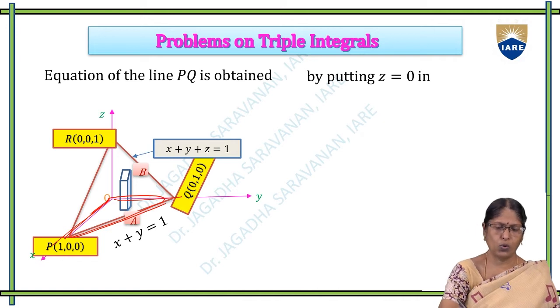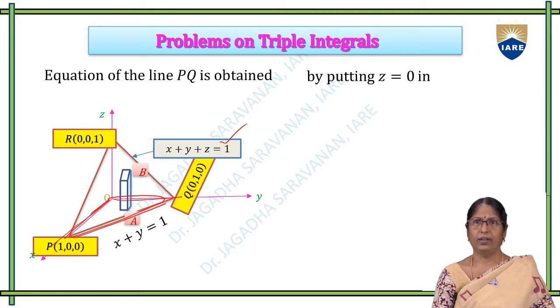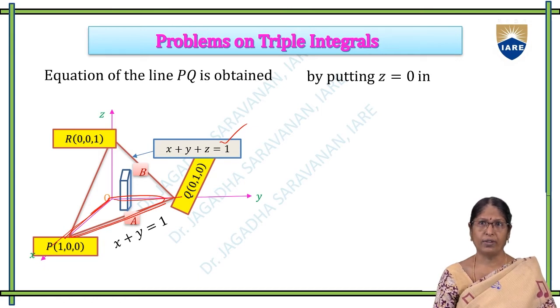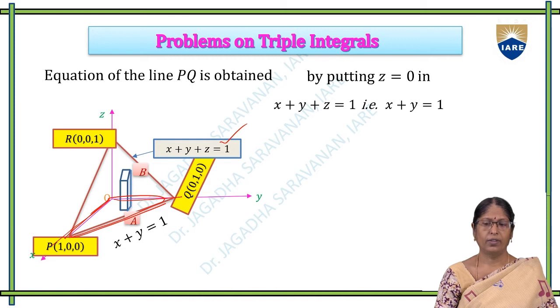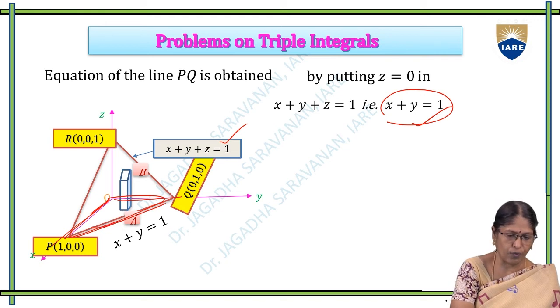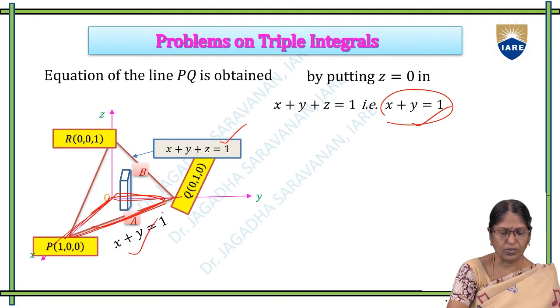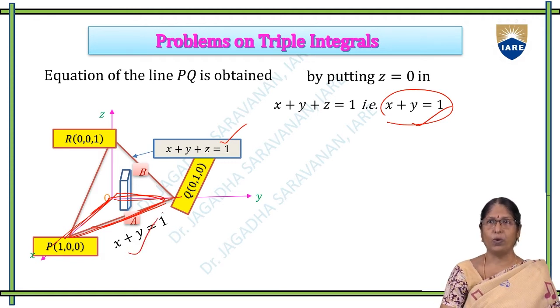So in the common equation x plus y plus z equal to 1, we are going to put z equal to 0. Then we obtained x plus y equal to 1. This is the equation only for this surface of the xy plane, written here as x plus y equal to 1.